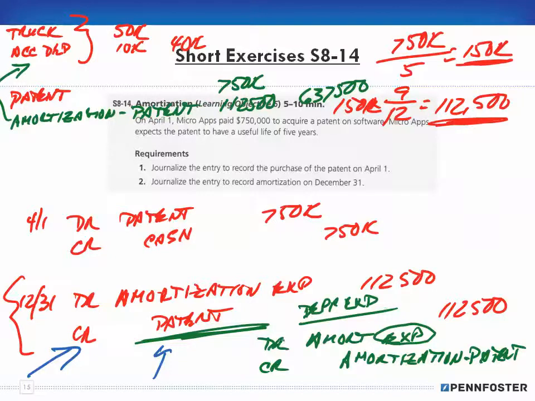Because we use accumulated depreciation, I could call this accumulated amortization patent, and that's acceptable too, if that helps you distinguish between the two. But the point I'm trying to get at is that I would actually have a contra account for amortization for that patent, and I wouldn't put it against the asset account in and of itself.